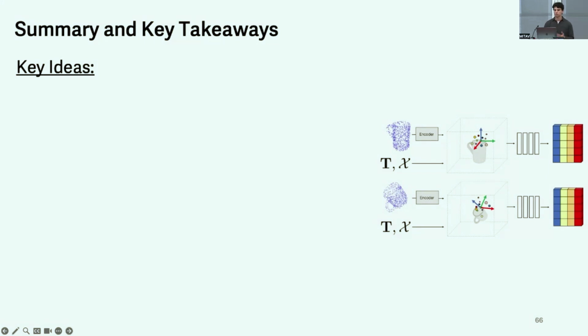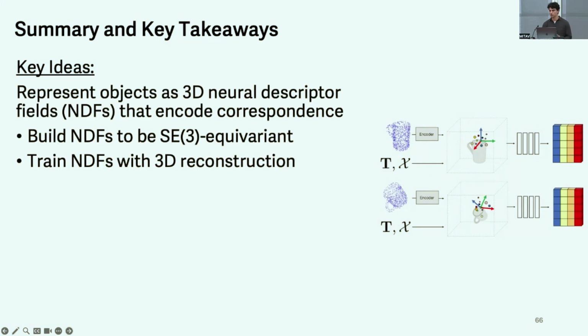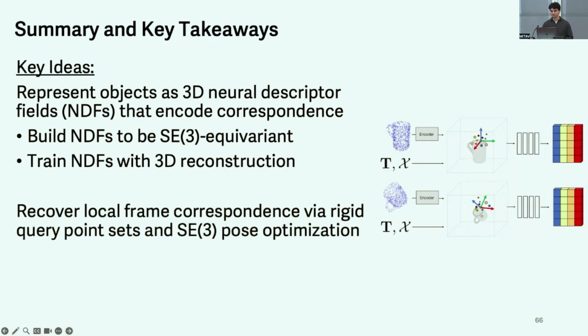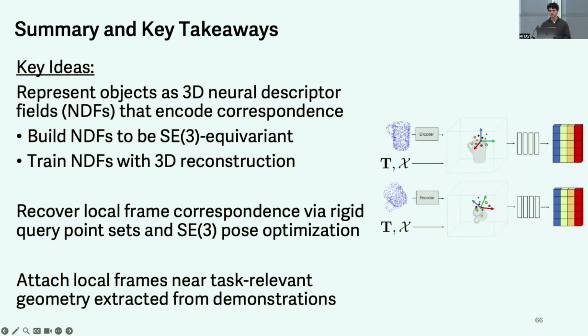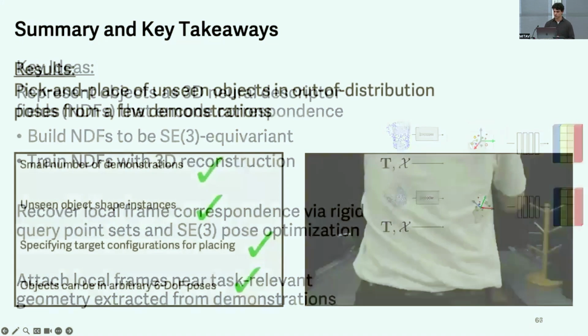So in summary, we propose neural descriptor fields. This is a representation modeling objects as 3D neural fields of descriptors, which encode correspondence across shapes, are trained via self-supervised 3D reconstruction, and are equivariant by construction. And these descriptor fields allow us to correspond local frames attached to geometric features that are relevant to a given task, extracted directly from demonstrations.